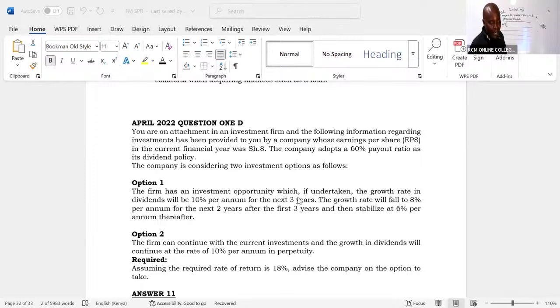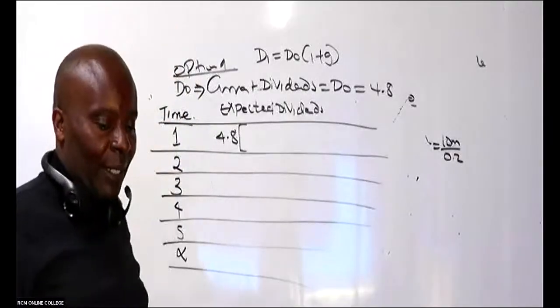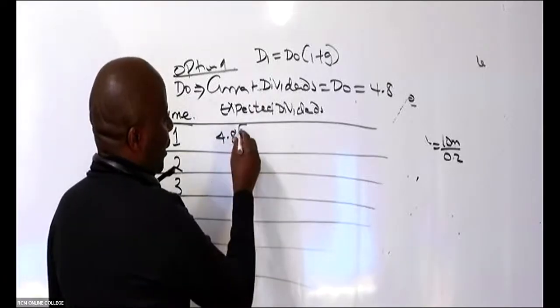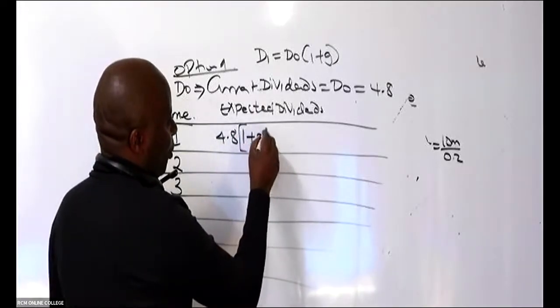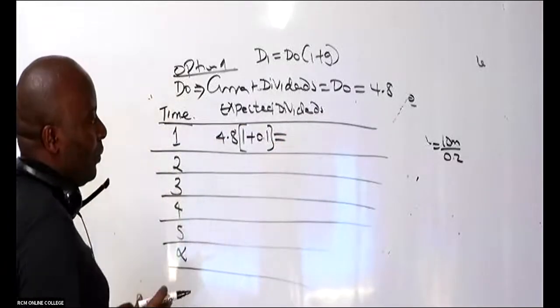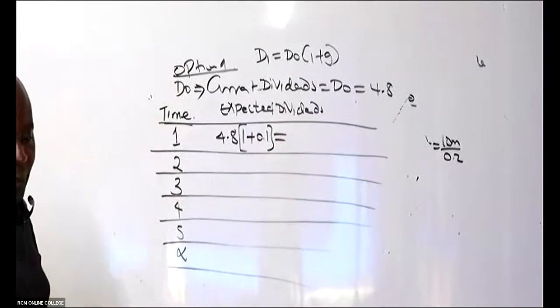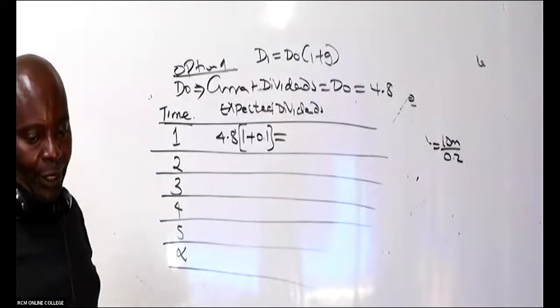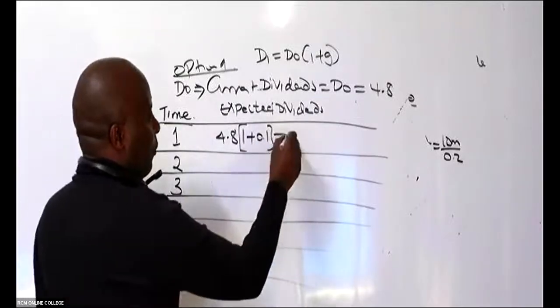So now 4.8 times (1 plus 0.1). Is there somebody who is able to give me this figure? 4.8 times 1.1. Joanne is giving me a figure of 5.28. Thank you so much. So we have 5.28.